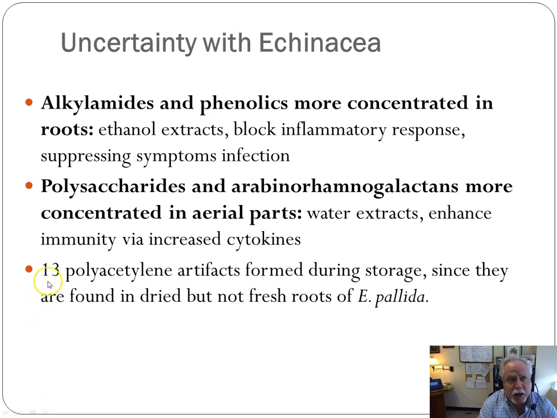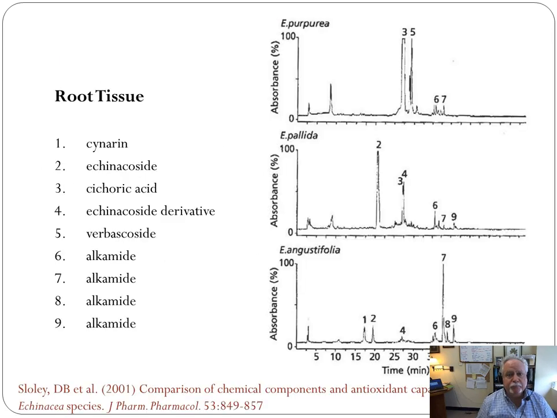Out of Europe, you see a lot of fresh juice extracts because they believe that you get more of the medicinal effect based on that. And this is something that I think really needs to be standardized a little bit better: what type of medicine you're getting from dried versus fresh and the type of extract.